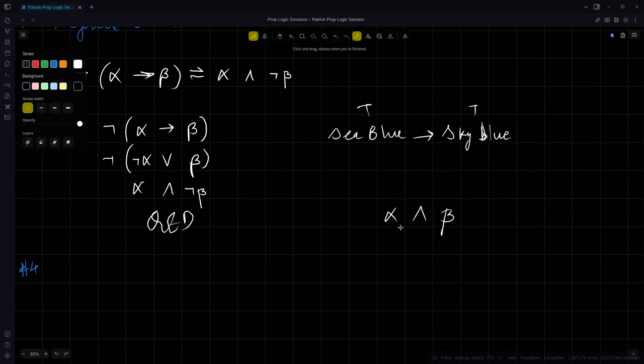We just check if alpha is true, we just check if beta is true, we put the truth values into the truth table, and whatever the output is, that is the truth value of this proposition. So that's how we should be treating the material conditional as well.